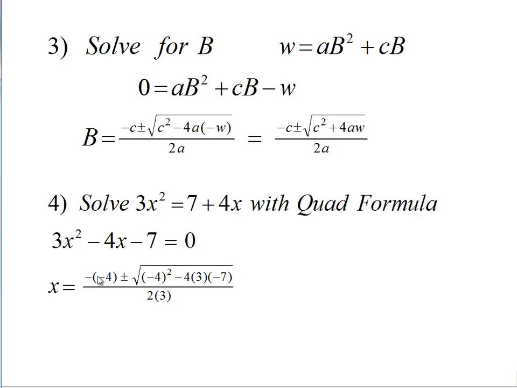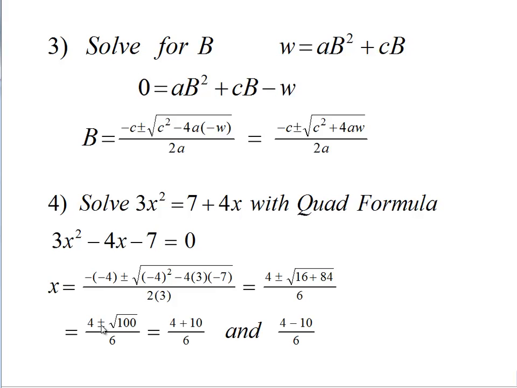If you multiply this out, two negatives make a positive 4. 4 squared is 16. 4 times 3 times negative 7 is plus 84. And when you put these together, you get 100. Now the square root of 100 on your calculator is 10, so it's 4 plus 10. And the plus minus means 4 plus and 4 minus, over 6.